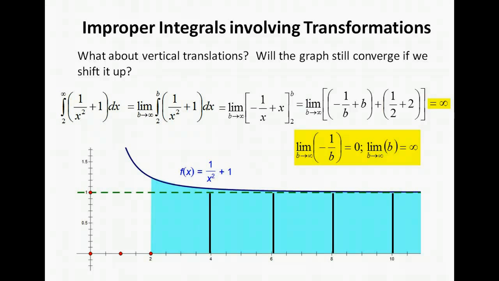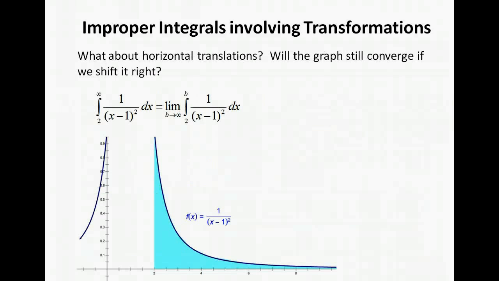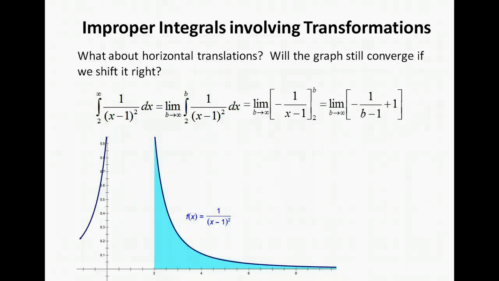Okay, what about horizontal translations? Will the graph still converge if we shift it to the right? So we took this graph and we shifted it 1 to the right. Let's go ahead and analyze it by looking at the integral. So we're going to take the limit as b goes to infinity from 2 to b, integrate as we normally do, and then plug in 2 and b into our integration there.